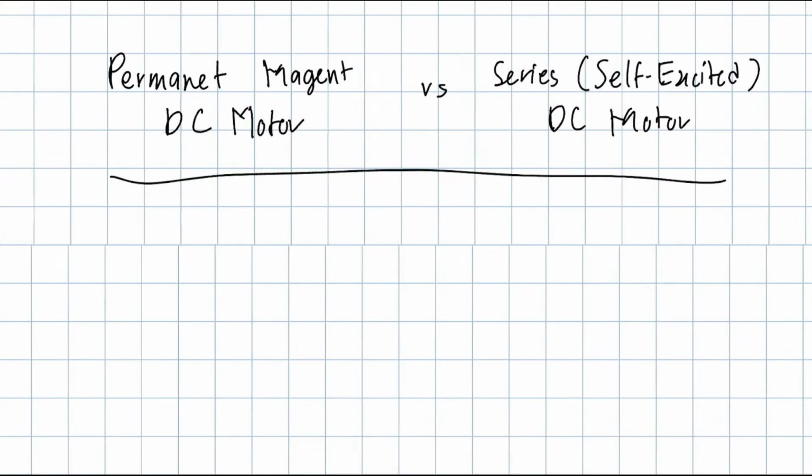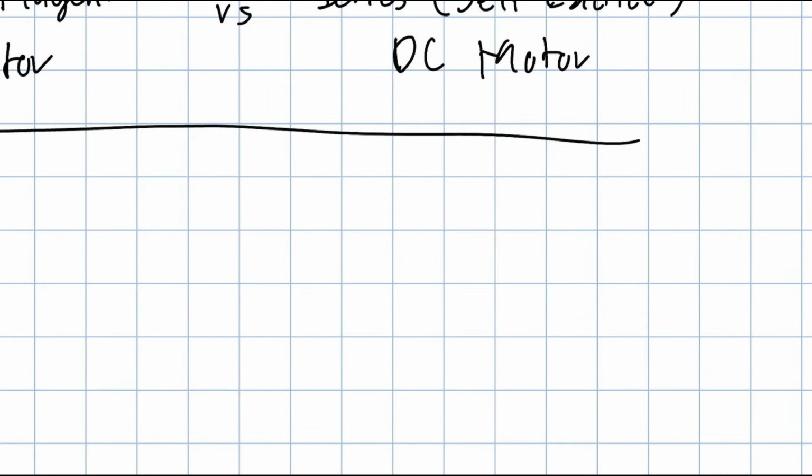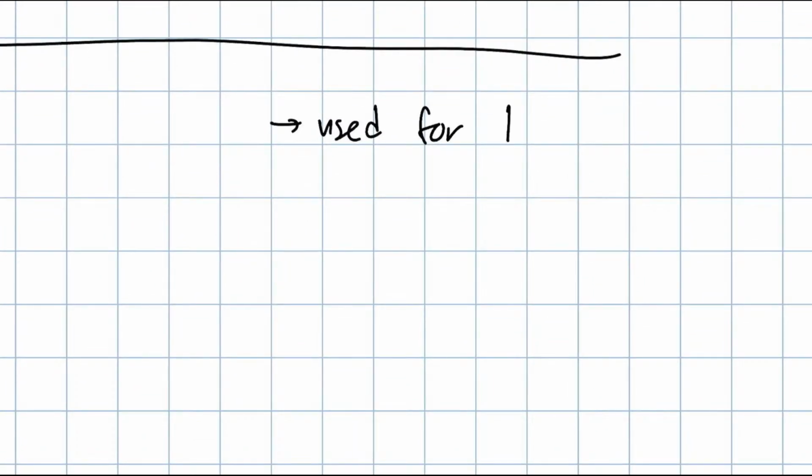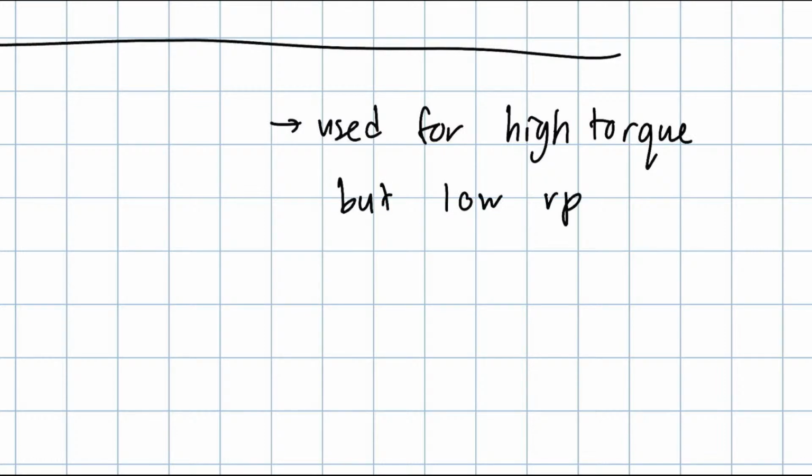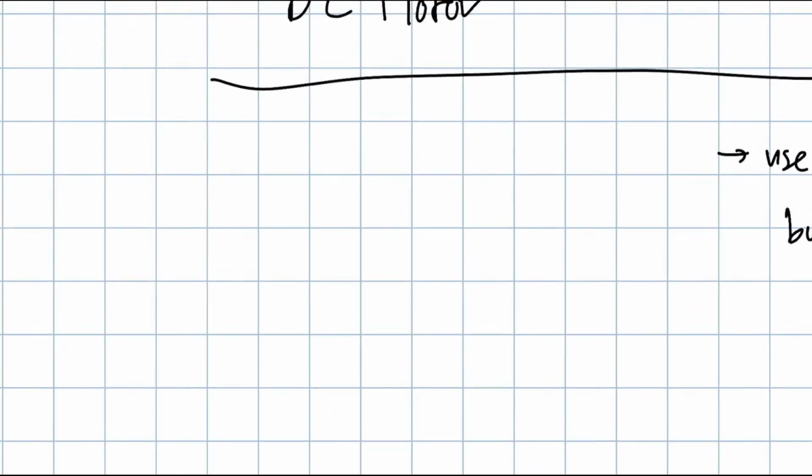Okay, so what's the difference? This one is used for high torque but low RPM. RPM is its omega, its angular velocity.